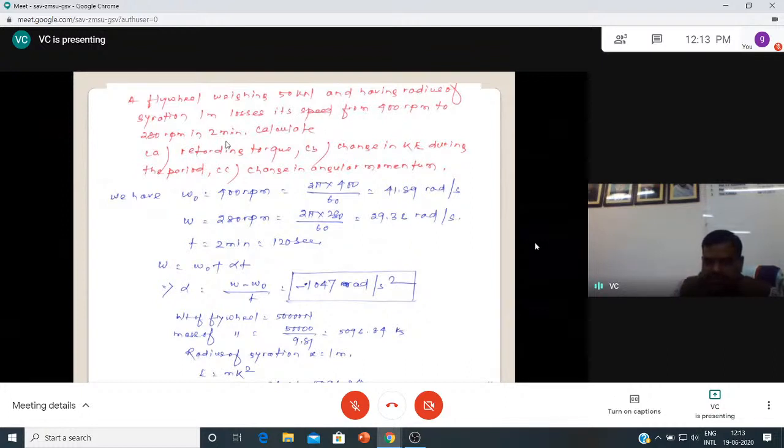The energy gained by the flywheel is gradually released, as it loses speed from 400 to 280 in 2 minutes.